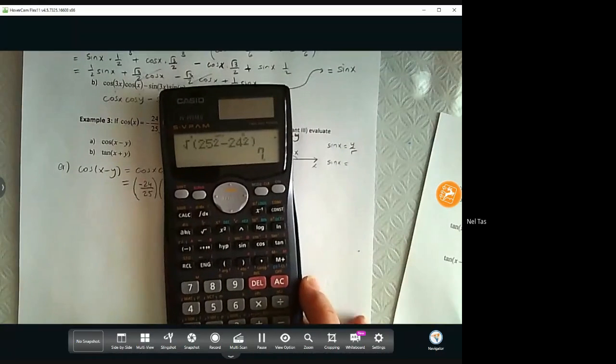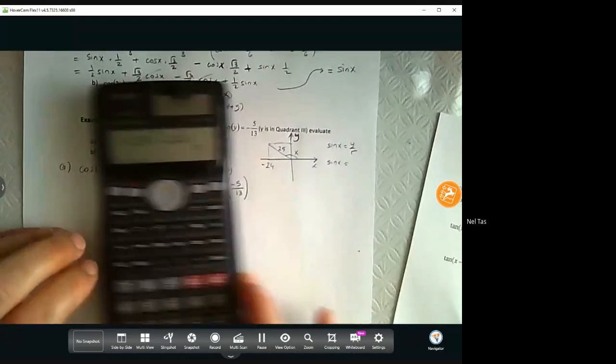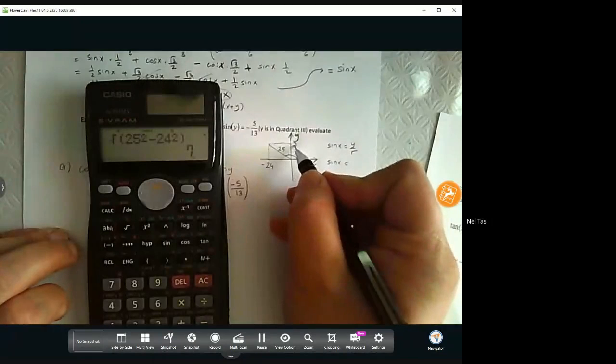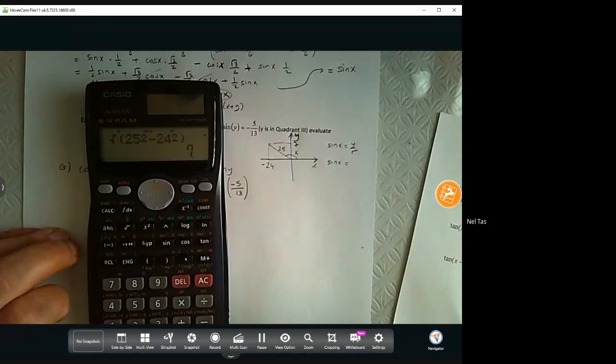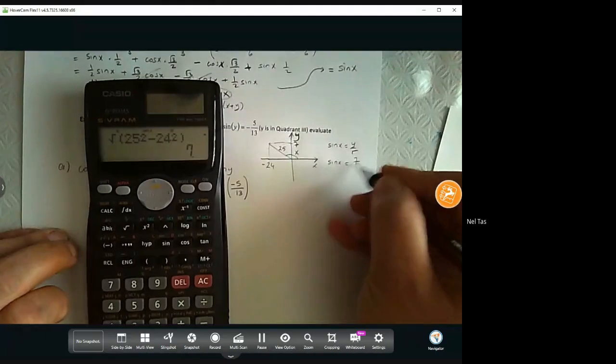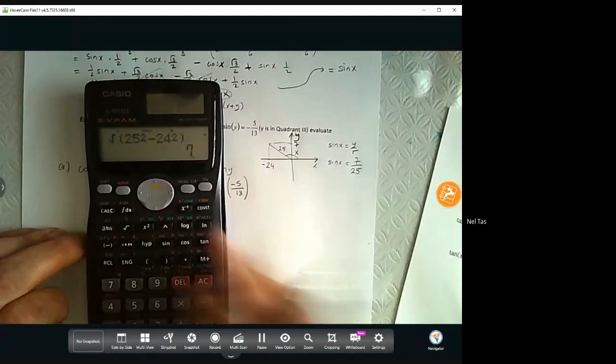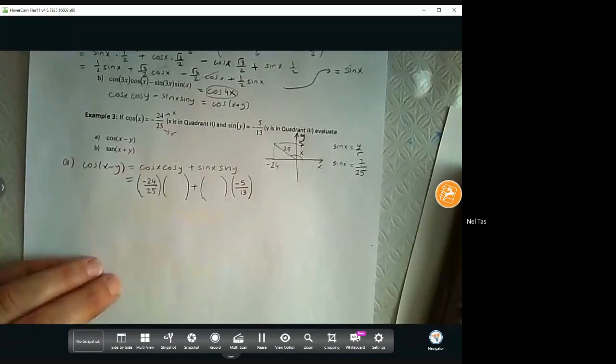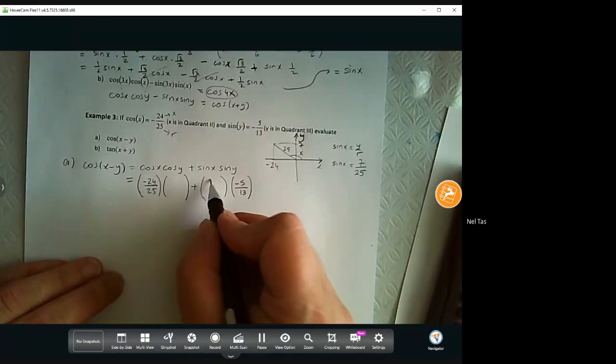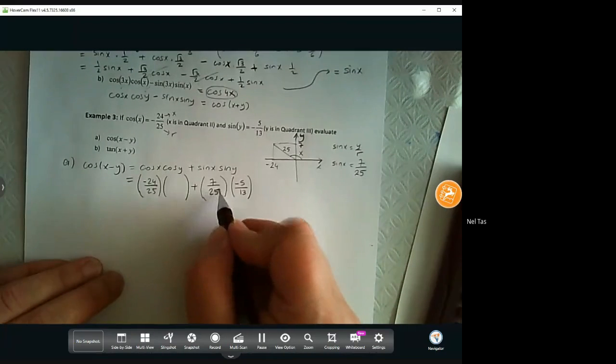So you get 7. Okay, so you get 7 here. So 7 over 25 is sine x. So now I can put this here, 7 over 25.